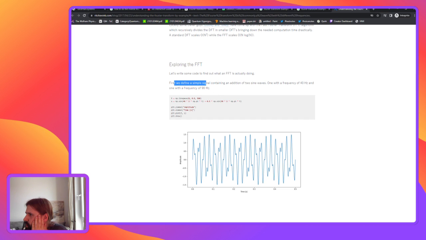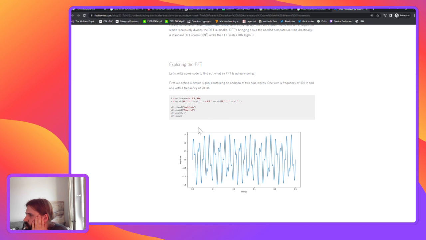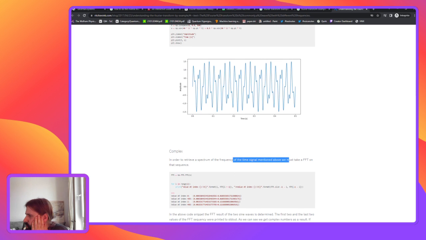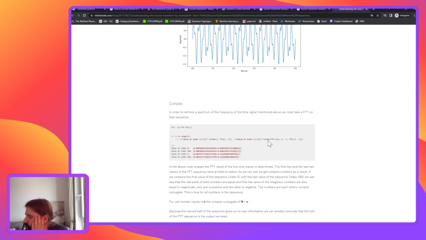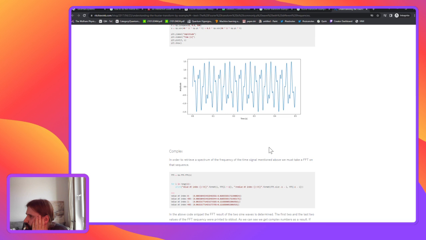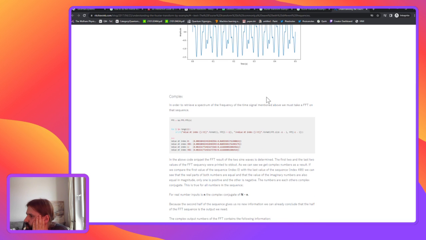Okay, so first we define a simple signal containing an addition of two sine waves. Yeah, okay, cool. That's in a way what I have here, right? So you plot that. In order to retrieve a spectrum of the frequency, we must take a, you see, that's all the way around, but whatever. So the Fourier transform is from the periodic domain to the frequency domain.